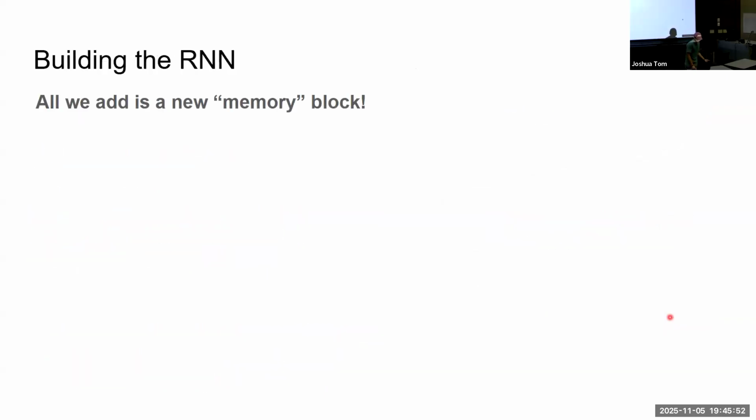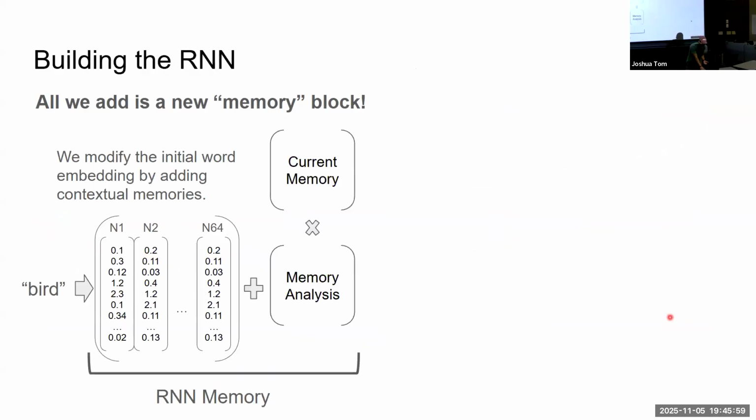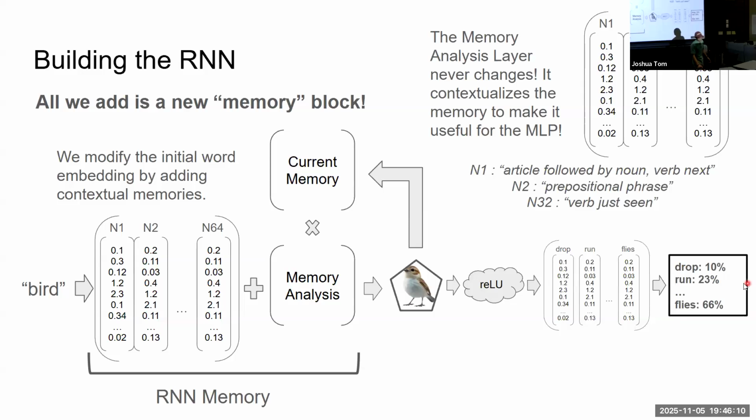On a more technical side, we take the MLP that we already have, the first check against extracting the features, and then we just add memory to it. So memory is not too intricate. Basically, what happens is we run the bird checking matrix against a memory analysis layer. And what happens there is, based on the word the, this memory analysis goes, hey, that's an article.